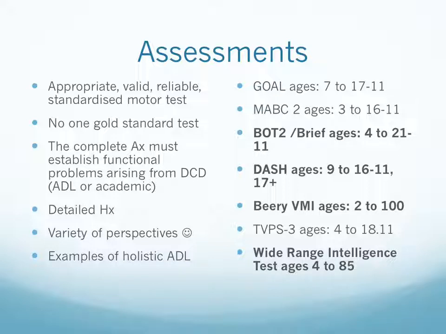You've got fine motor, colouring, cutting, you've got dressing, pouring water, cutlery, all sorts. There's a film to follow about that, which presents it beautifully. So the Movement ABC has recently been revised to the 2nd edition, and that goes from age 3 up to 16 years, 11 months.